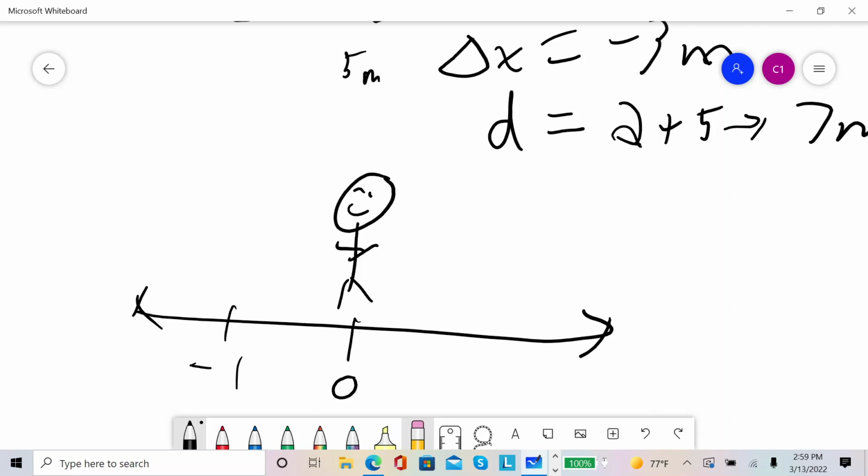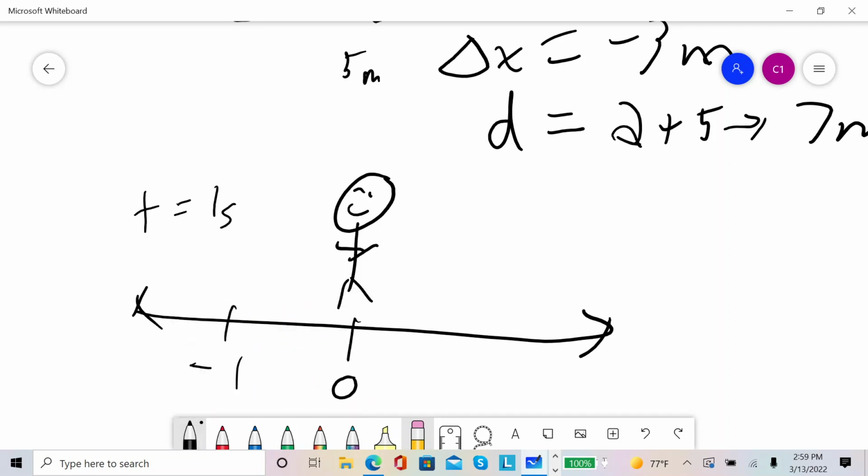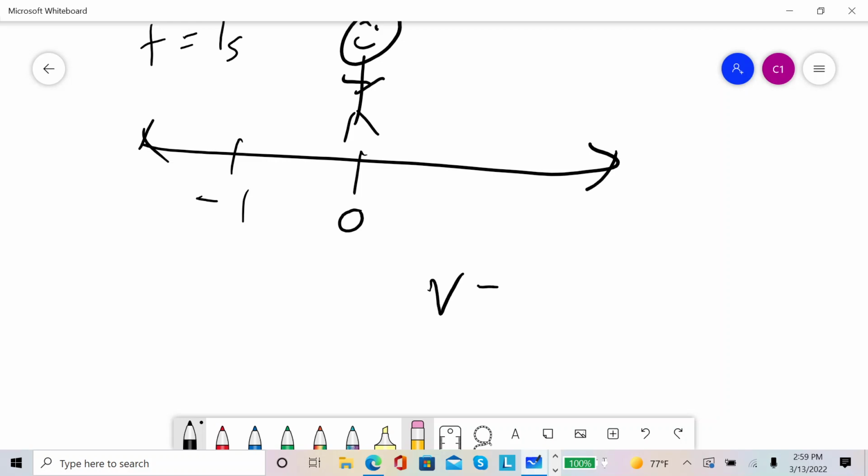And let's say he does this in time equals 1 second, and there's no acceleration or anything, which means his speed and velocity will be constant. So if you go from 0 to -1, his velocity, which I'll denote as v, is going to be that displacement he travels, -1, over the time, so it's going to be -1 meters per second.